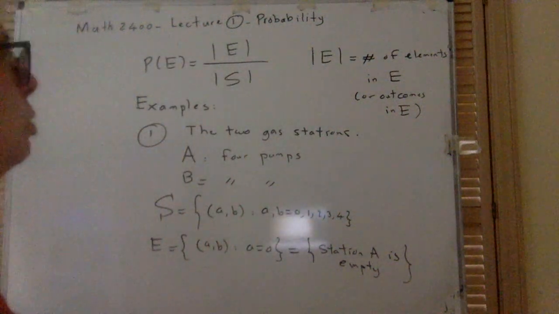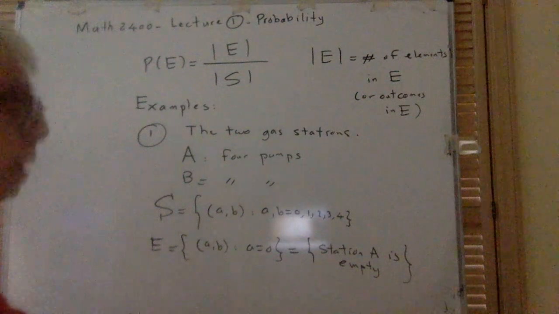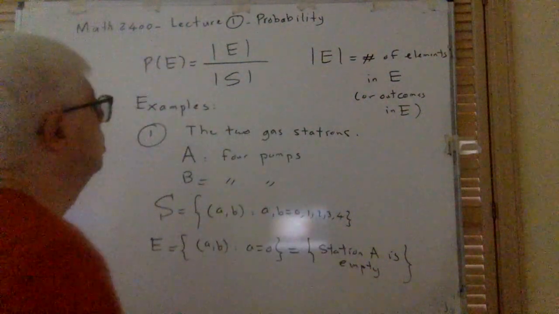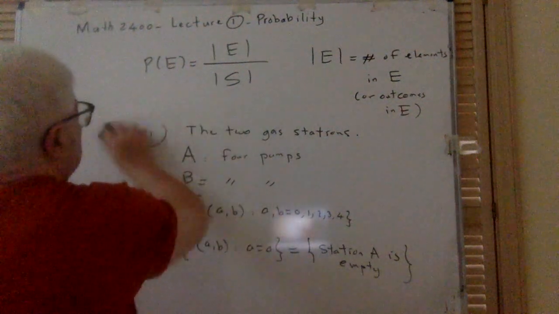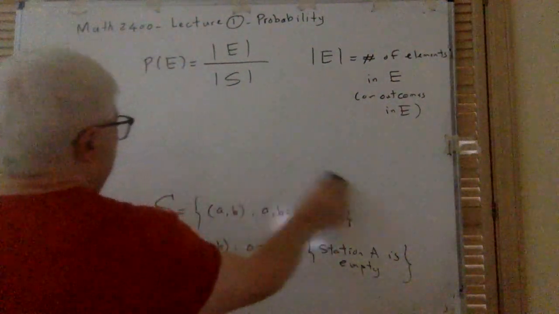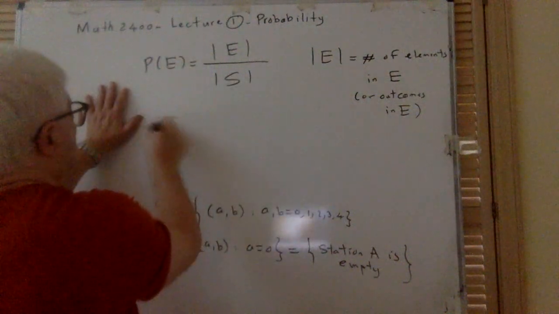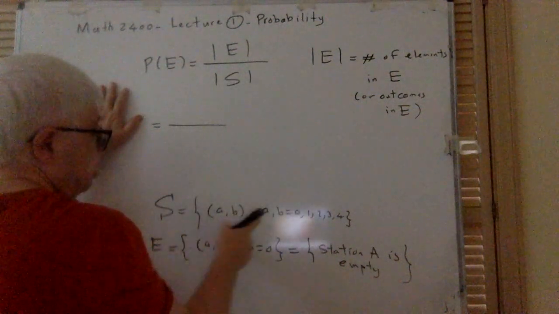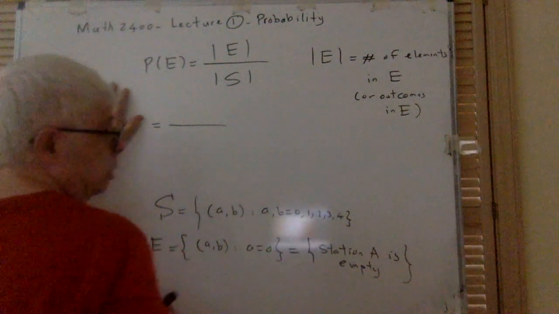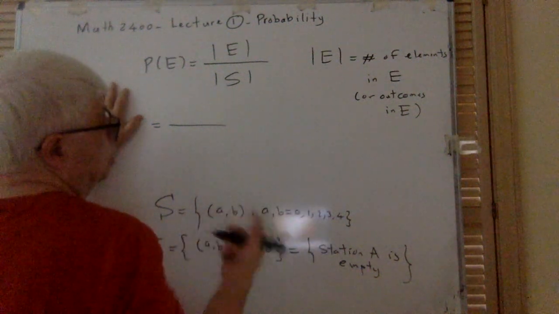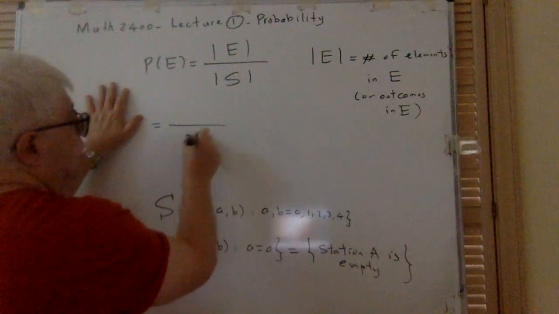Number of outcomes in E divided by number of outcomes in S. So, let's see. Well, we have it here. First of all, S. S goes from 0 to 4, and there's 1, 2, 3, 4, 5, right? So it is 5 times 5, that's 25.